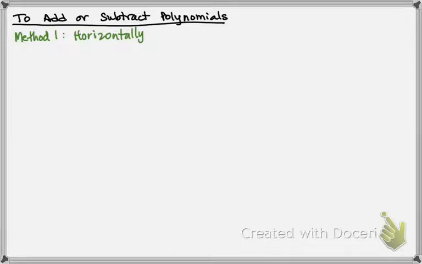So with method 1, we have two polynomials with adding. So if it's an adding problem, we're going to use the commutative property. Remember, that's the one that says changing the order of what we're going to add isn't going to change our answer.